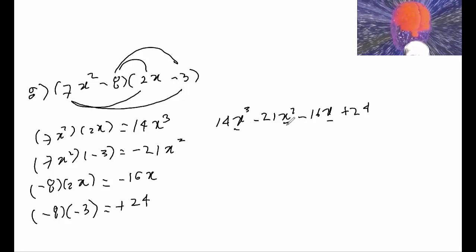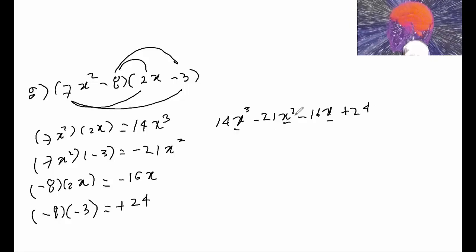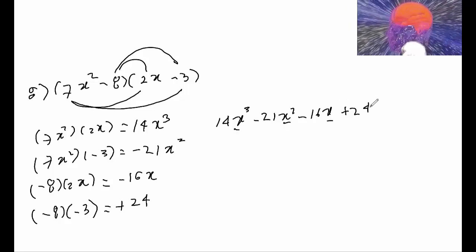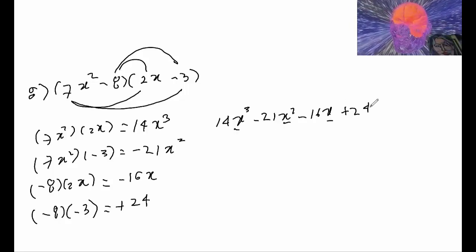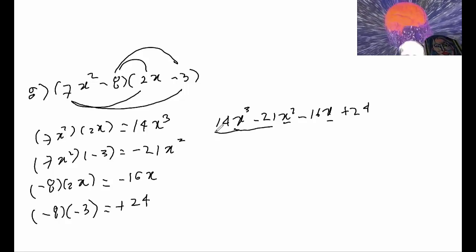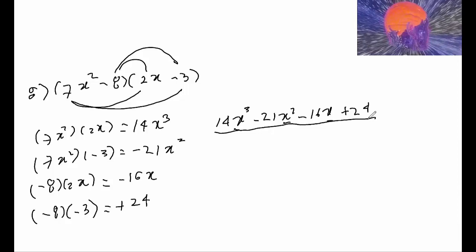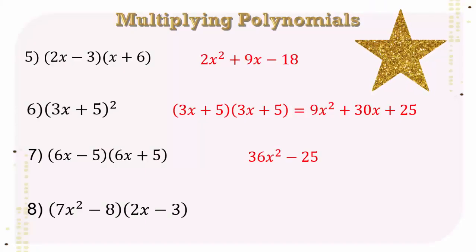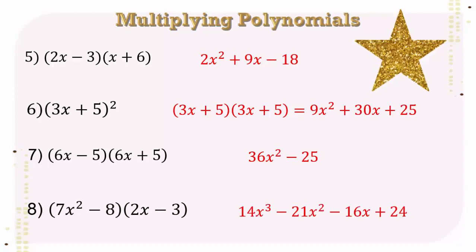This is third power, x to the third. This is x to the second. This is x, and that's x to the 0 power. So this is our final answer. So we just found, by working this out on the whiteboard, number 8, we got 14x cubed minus 21x squared minus 16x plus 24.